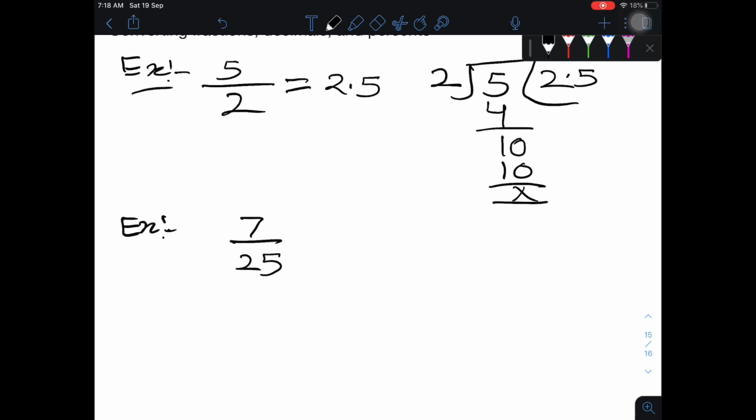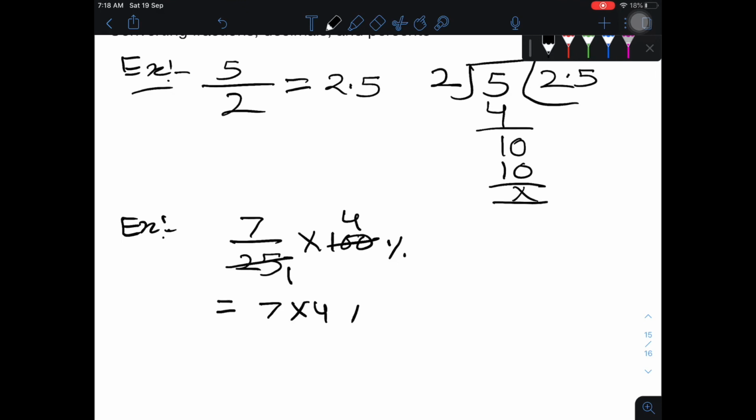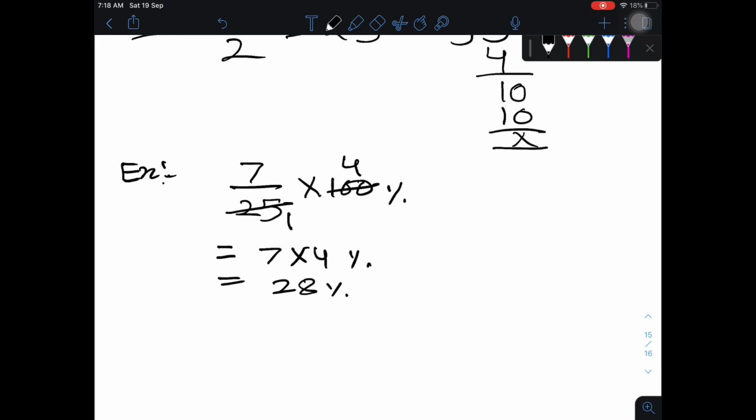To convert into a percentage, we just multiply the given fraction by 100 and put a percent sign, okay, and now do the simplification. 25 ones are 25, 25 fours are 100. So your percent will come 7 into 4, 7 fours are 28, okay, so 28%. Clear? So in this way you can convert a given fraction into a percent.